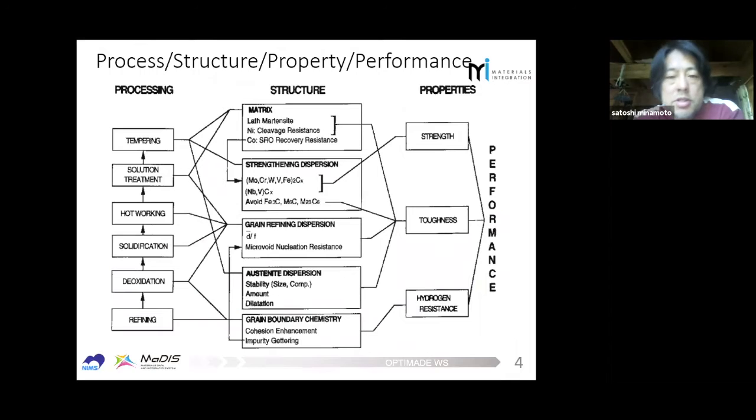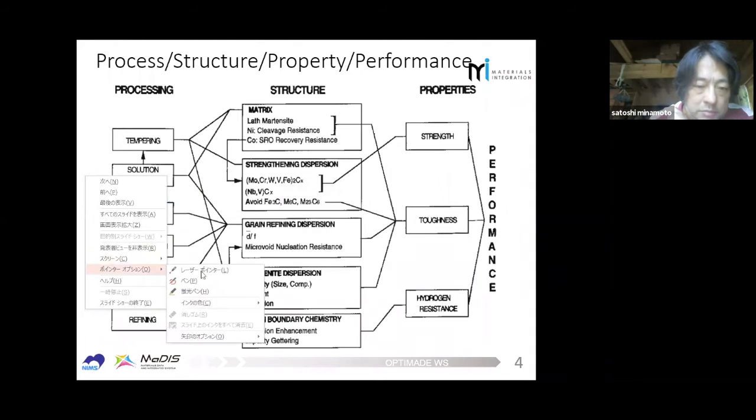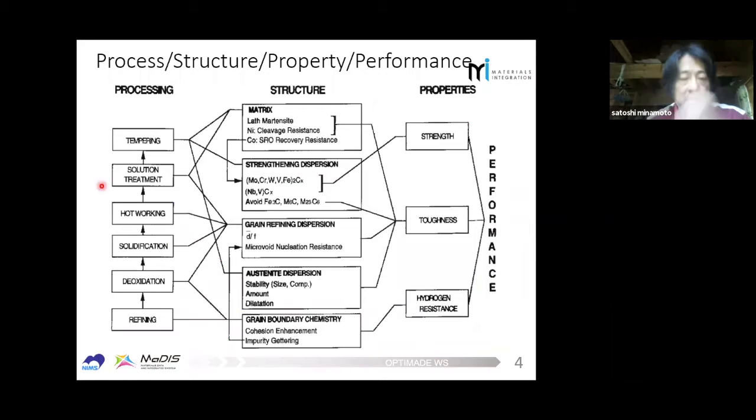This is just a very old figure to illustrate the process, structure, property, and performance relations. I have mentioned that the process is the information about the alloy composition or heat treatment or something like that.